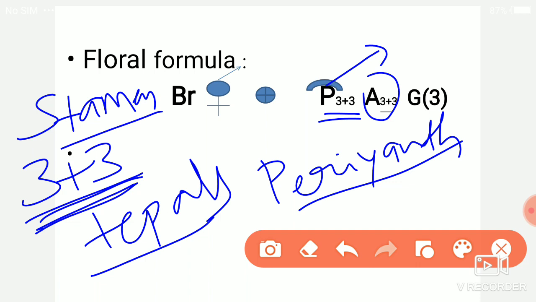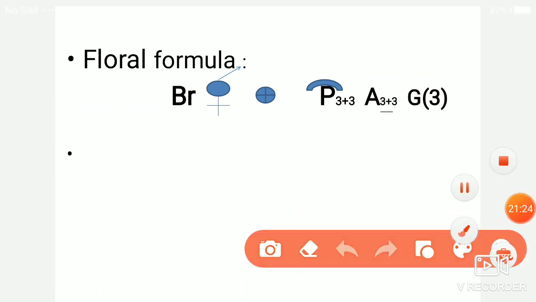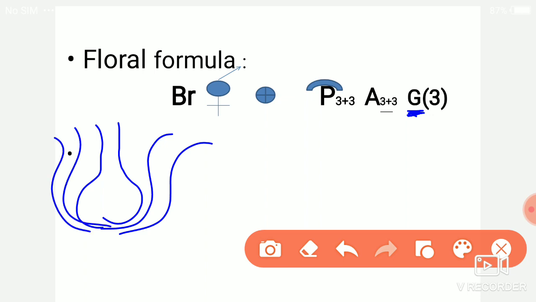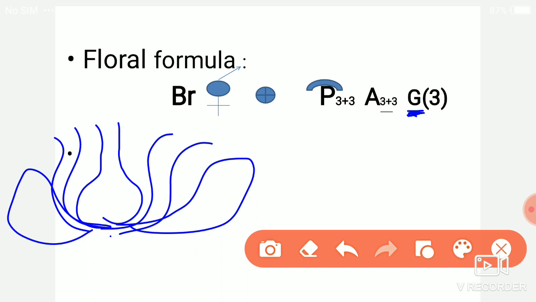The next is the gynoecium. Here you can see the gynoecium. Gynoecium is superior ovary. The superior ovary is present, and from below that the floral parts arise. It is called a superior ovary. So here you can see that line, superior ovary.